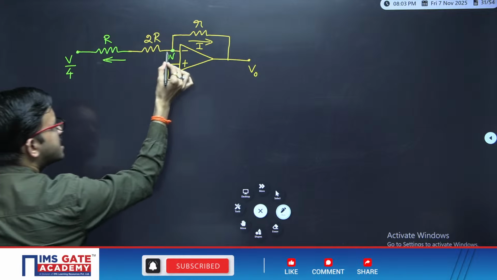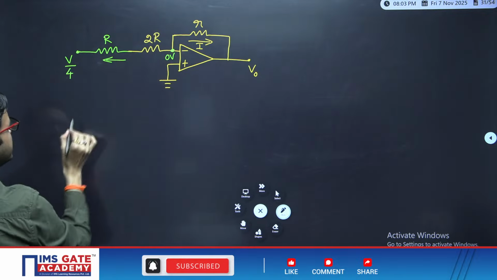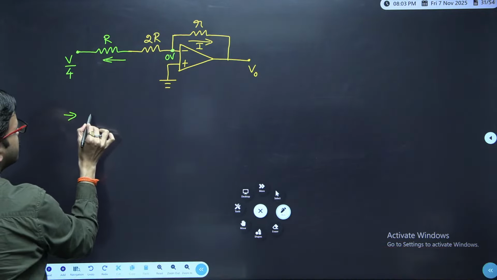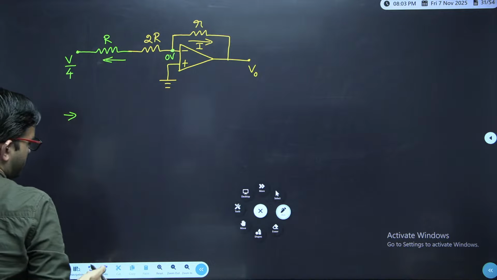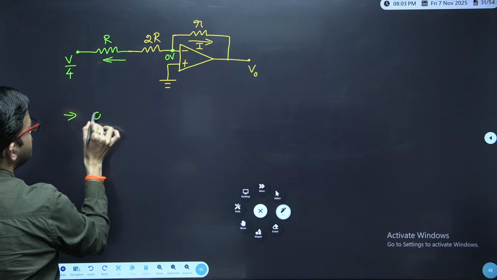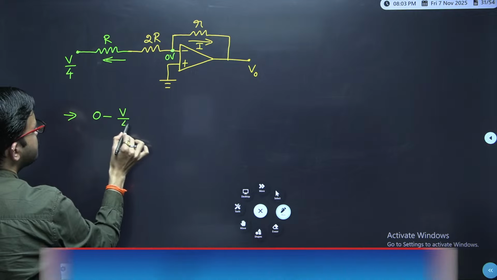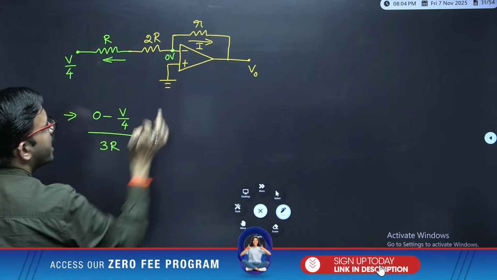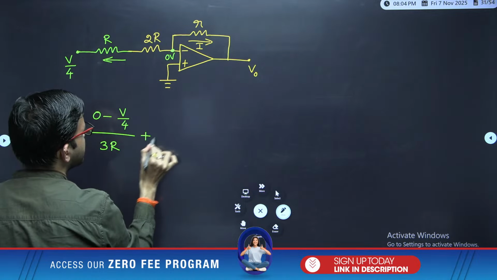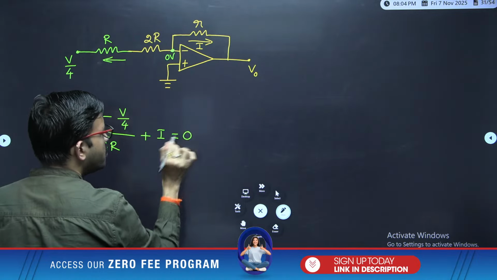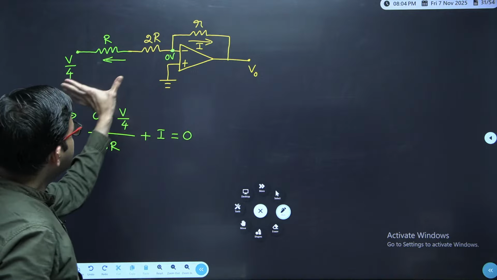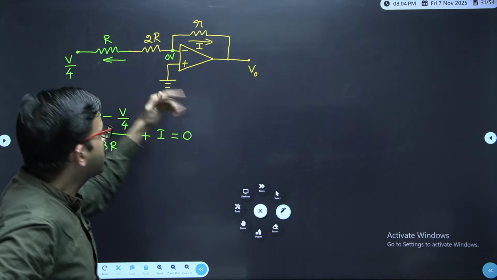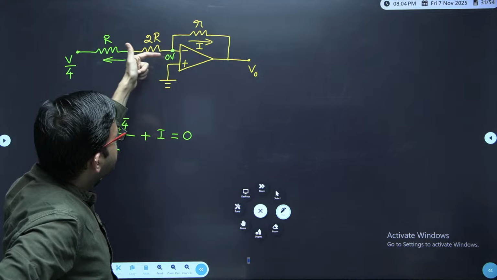But just apply KCL here. In this direction, the current flowing is 0 minus V by 4 divided by 2R plus R, which is 3R. And the current leaving, I, is equal to 0. You can do it like this, or otherwise find how much current is flowing in this branch, because the op-amp is ideal, no current flows.